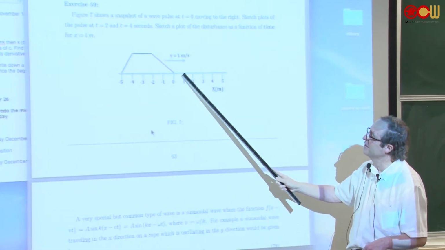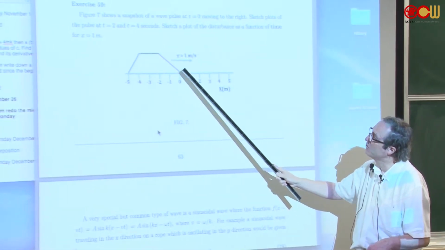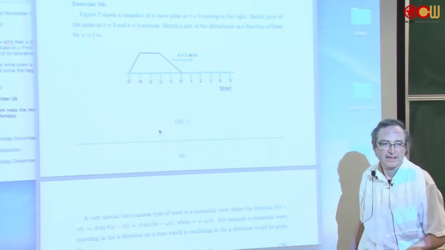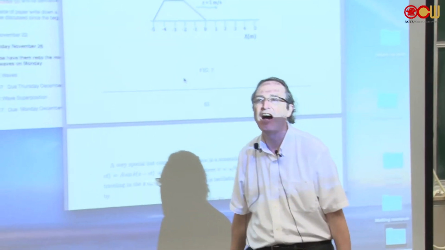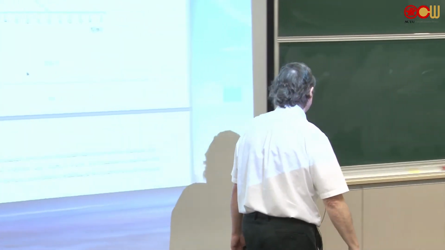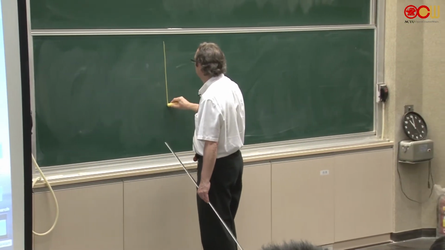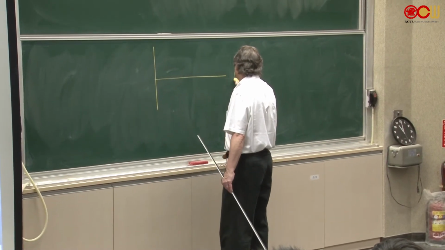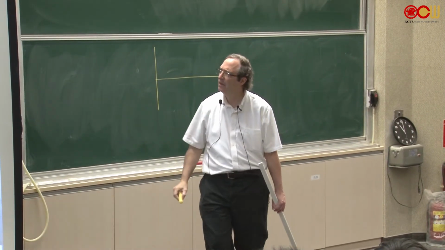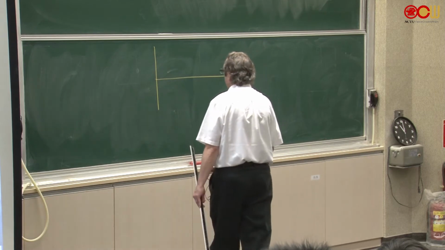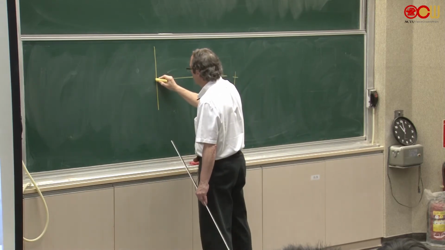So you're looking at this position here, and you want to know what this looks like as a function of time. All right? So we're going to have a graph. That's t. All right? And we're going to have 0.